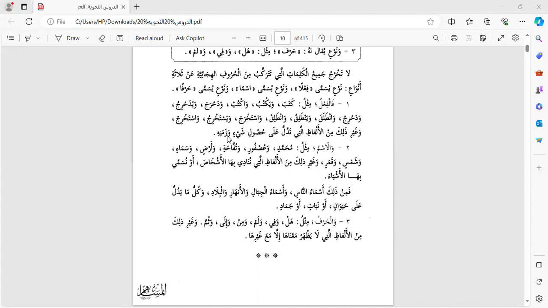The verb refers to something which is happening, and also the time at which it is happening. For example, I say كتب, which means wrote. It refers to something being written, or something that has been written. This is the verb, it refers to an action.